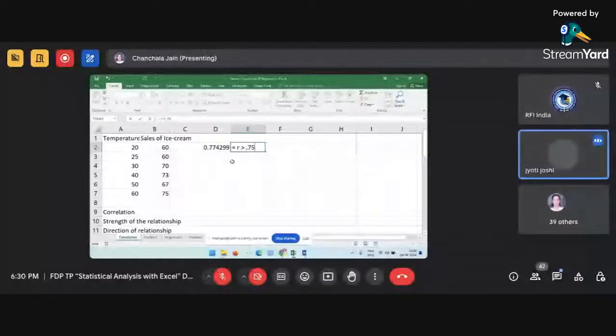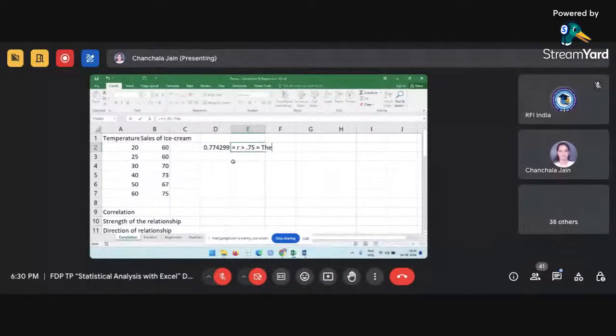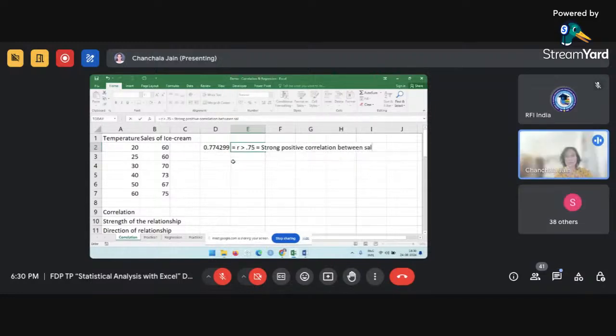That means I can say there is a strong positive correlation between sales of ice cream and temperature.